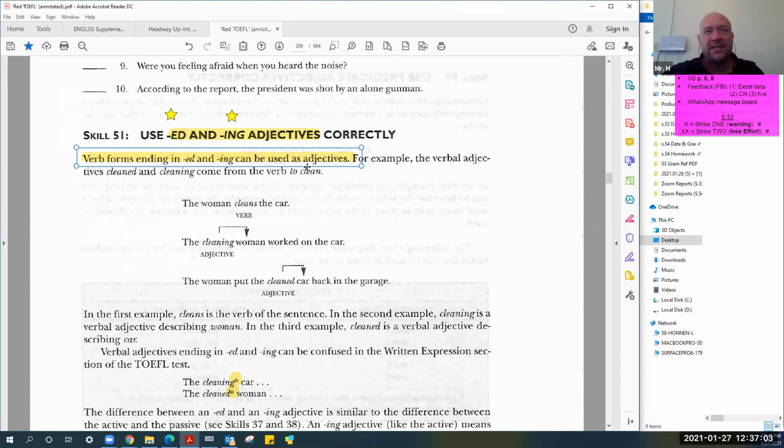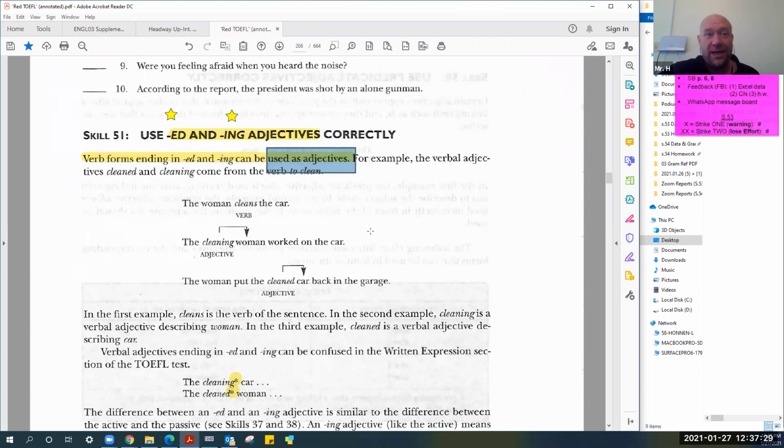What does that mean? Used as an adjective. Do you know what that means? Well, what does an adjective do, you guys? Describe the nouns. Exactly. It describes a noun.